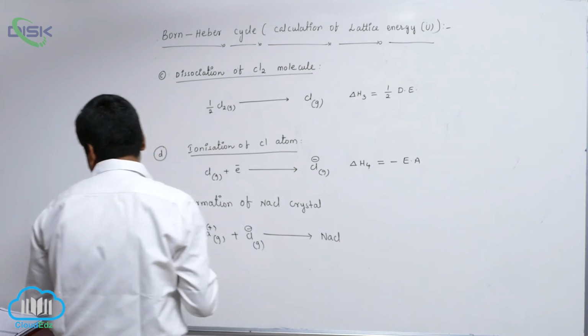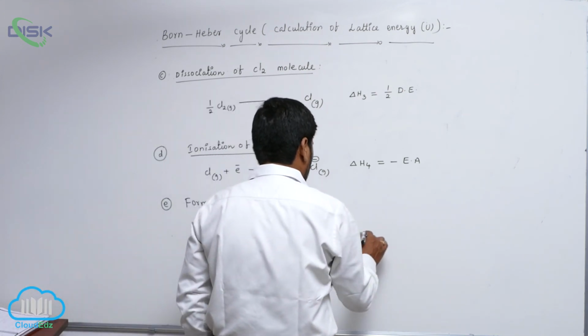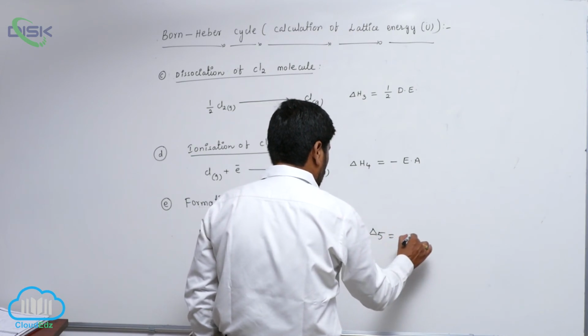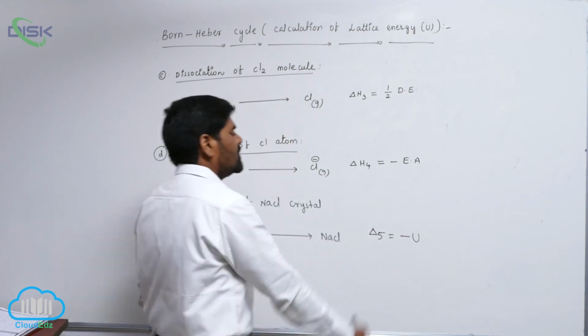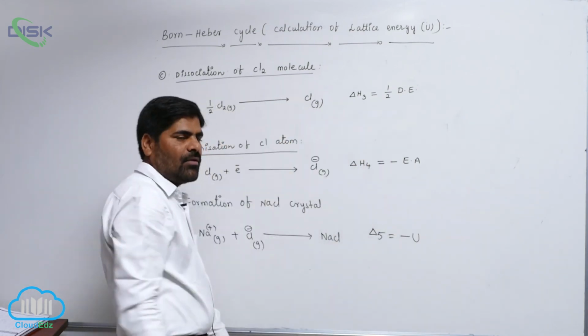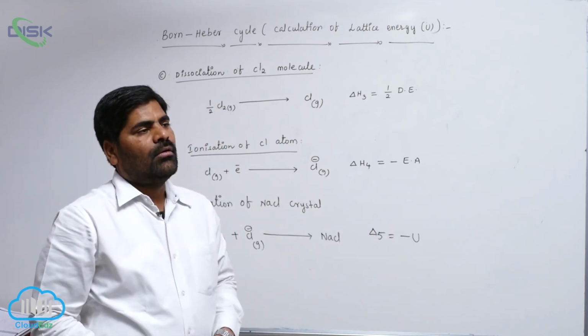Due to the formation in this step, some amount of energy is released, delta H5 equals minus U. These two are exothermic processes, and the remaining processes are endothermic.